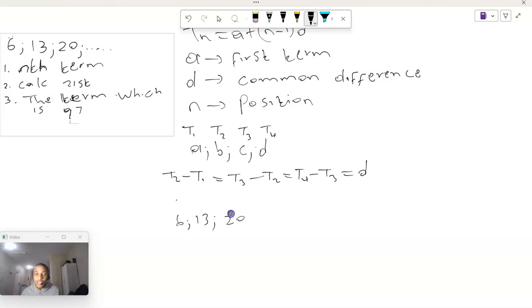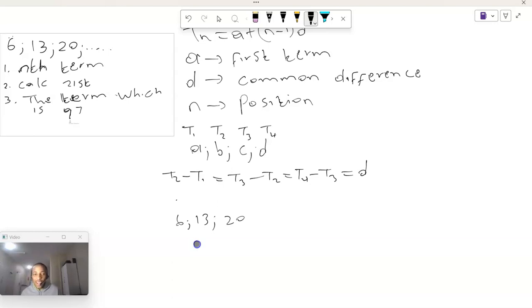This is the sequence given. In our example, they didn't say if this is an arithmetic sequence or another sequence, so we need to identify it on our own.